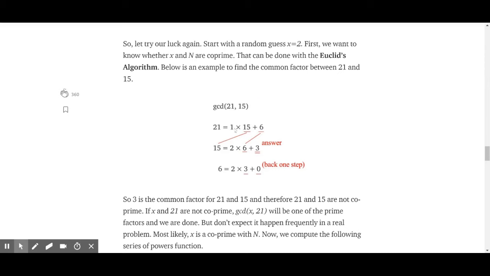21 and 15. So 21 is 15 times 1 plus 6. Then 15 is 6 times 2 plus 3. That's already an answer.